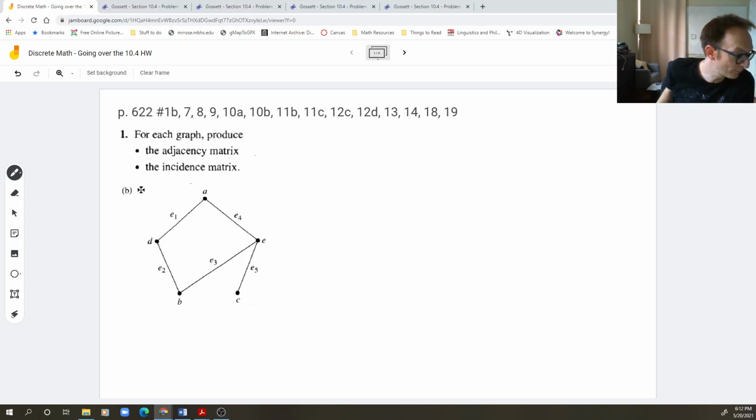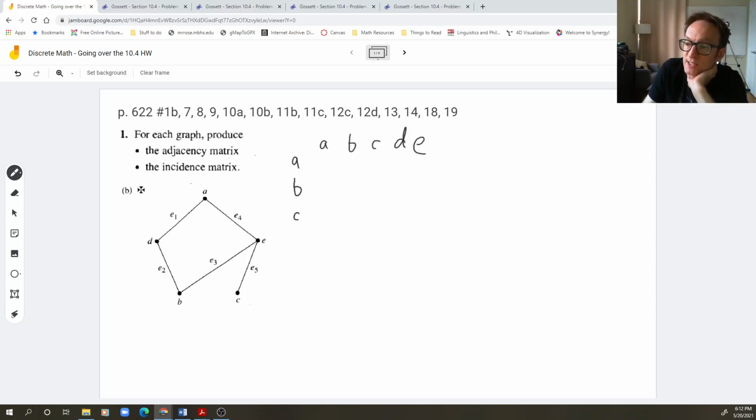Page 622 from Gossett. Number 1, for each graph, produce the adjacency matrix and the incidence matrix. Okay, I didn't really want to do this, frankly, but I'm going to do it. What do I have here? I have a graph with 5 vertices. And so, what is the adjacency matrix?